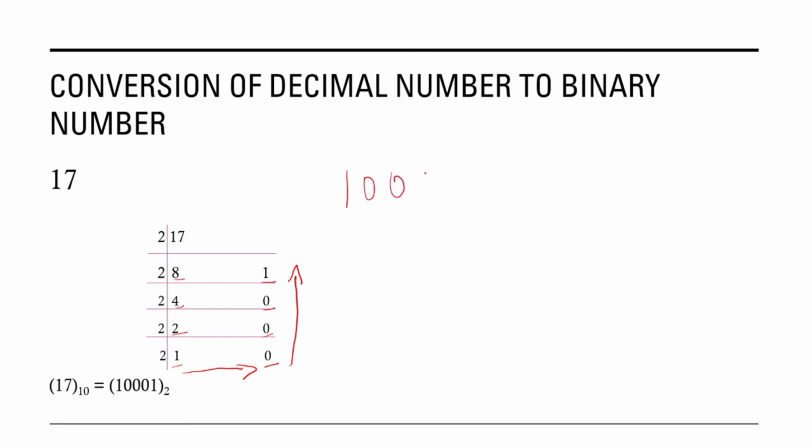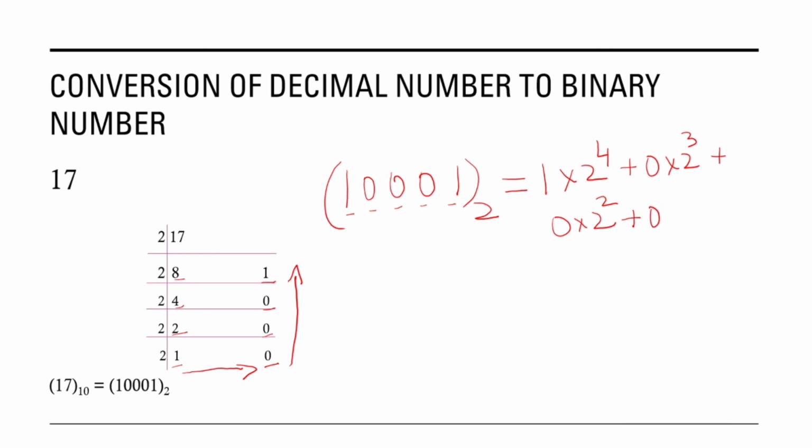Again, if you want, you can recheck. We know the conversion of a binary number to a decimal number, so we can check. Here it has got 5 bits. So the fifth bit should be multiplied by 2 raised to 5 minus 1, which is 4, plus 0 into 2 raised to 3 plus 0 into 2 raised to 2 plus 0 into 2 raised to 1 plus 1 into 2 raised to 0.